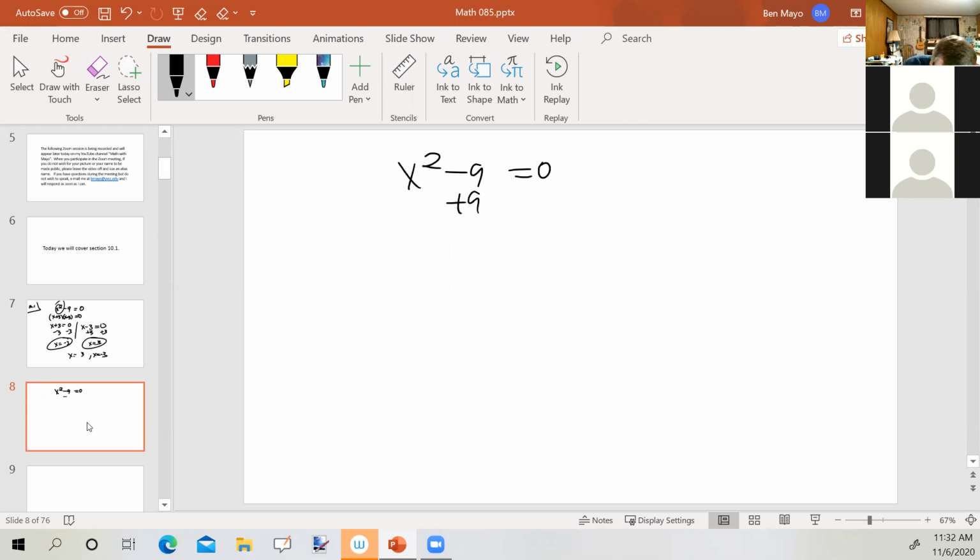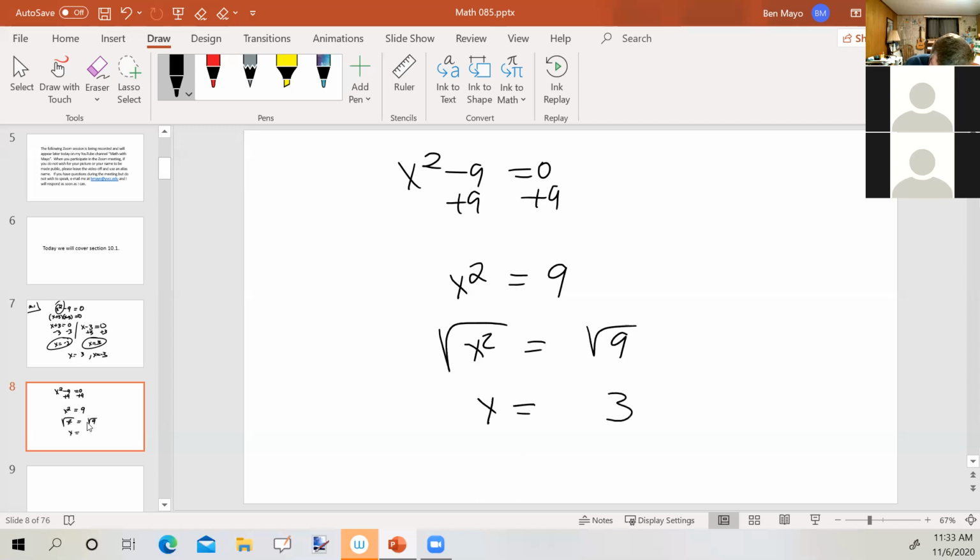My first move is to add 9 to both sides of the equation. Back in chapter 9, we had equations with radicals where we would square or cube both sides. Now we're going to go the other direction. We're going to take the square root of both sides of the equation. So we get x equals 3.